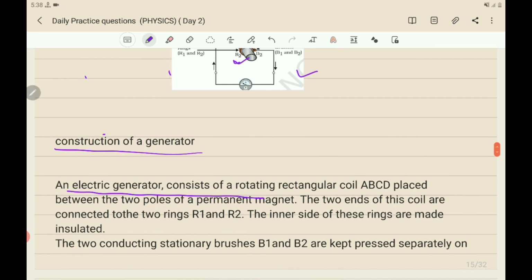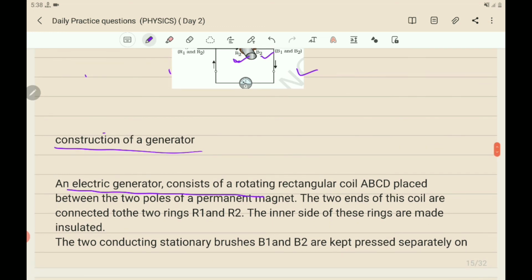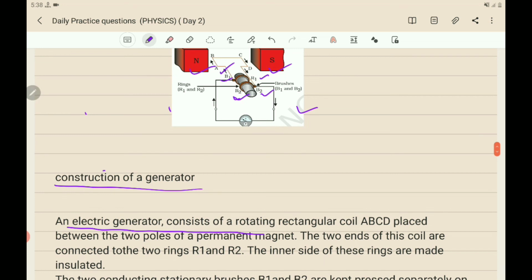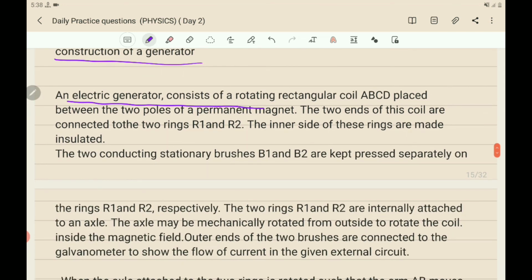The two conducting stationary brushes B1 and B2 are kept pressed separately on the rings R1 and R2. Here B1 is in connection with R1 and B2 is in connection with R2.